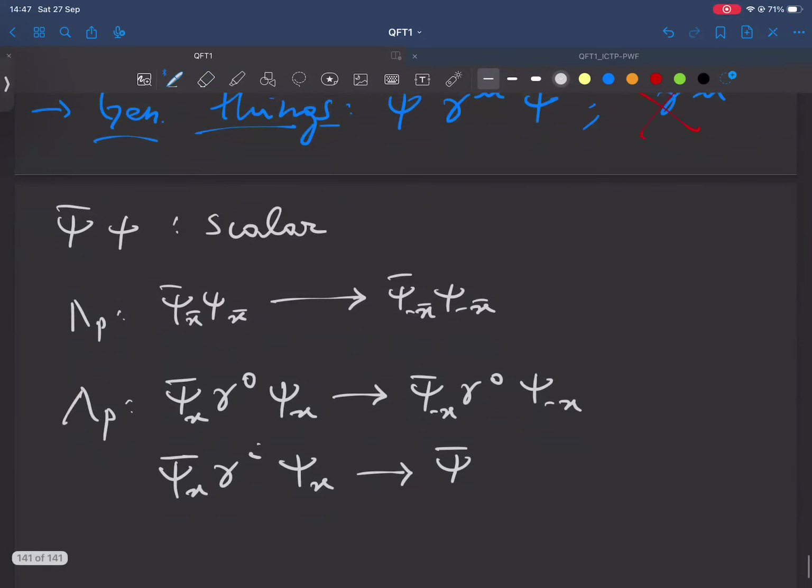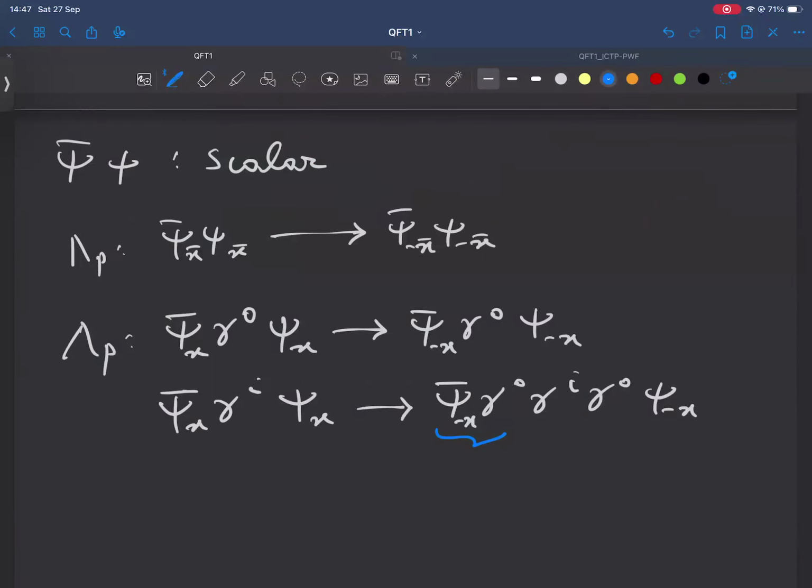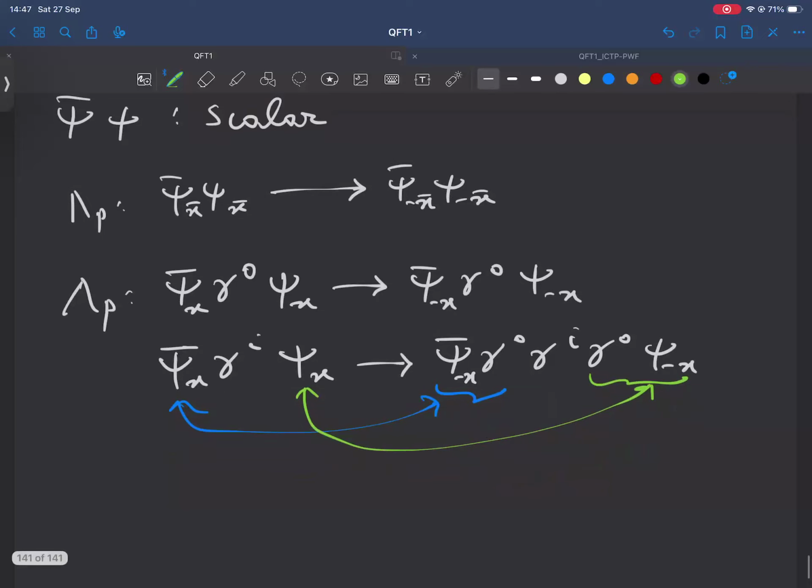It transforms like psi bar of minus x, gamma 0, then gamma i, and then gamma 0 and psi of minus x. Okay, because this is the parity transformation for psi bar, and this is the parity transformation for psi of x.